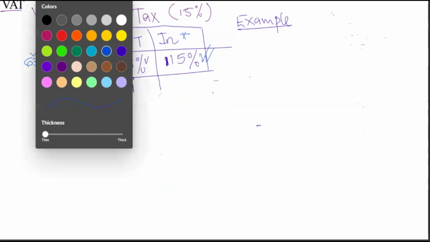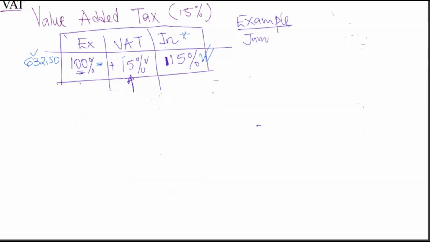Example number 2 says, James bought an item worth 632.50.